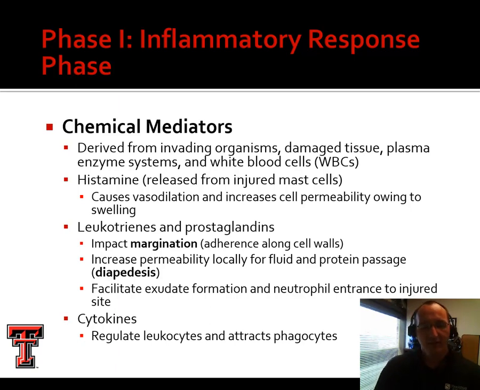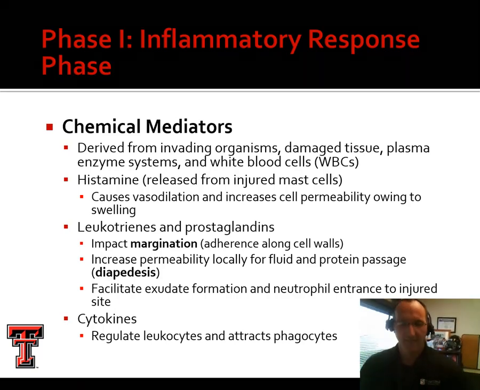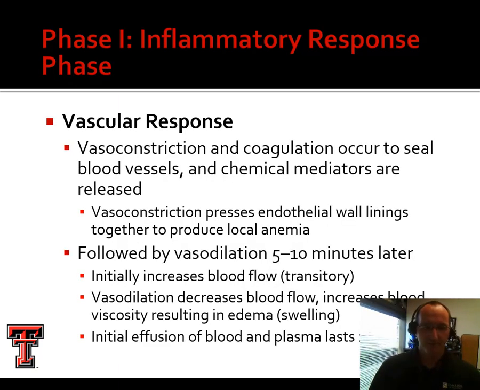This leukotriene and prostaglandin regulation also facilitates the formation of neutrophils and their entrance into that injured site so that they can begin the process of rebuilding. And then our cytokines regulate those leukocytes, those white blood cells, and attract those phagocytes that are going to be responsible for getting rid of those waste products.